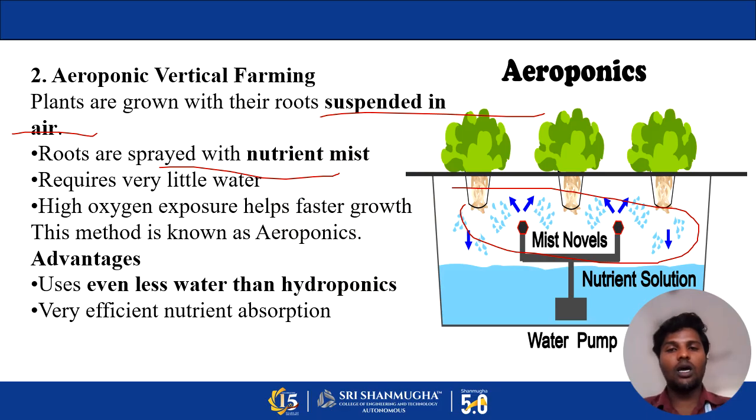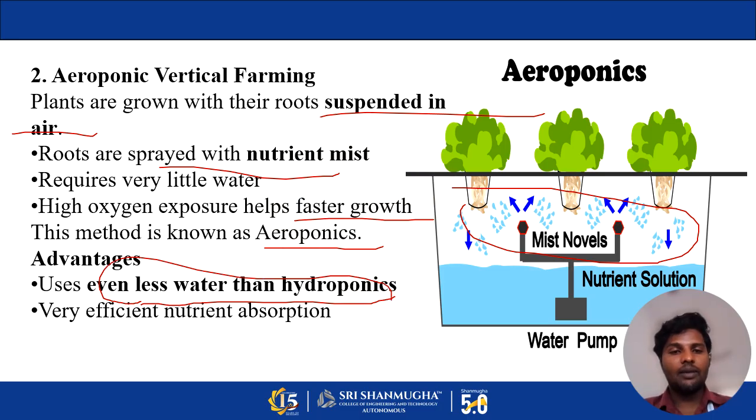This system, like hydroponics, requires very little water, which is one of the benefits of using it. High oxygen exposure helps foster growth. This method is known as aeroponics. It also boosts growth like hydroponics. In this system we use less water than hydroponics, which is an important point where it surpasses the hydroponic system in a positive way.